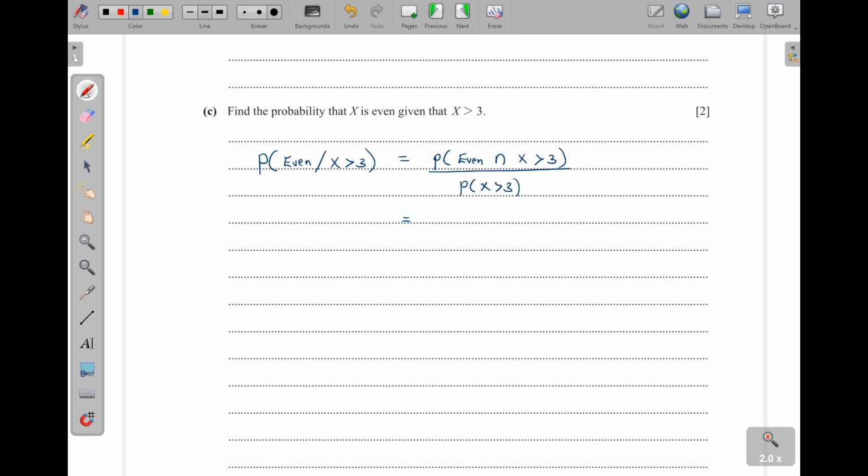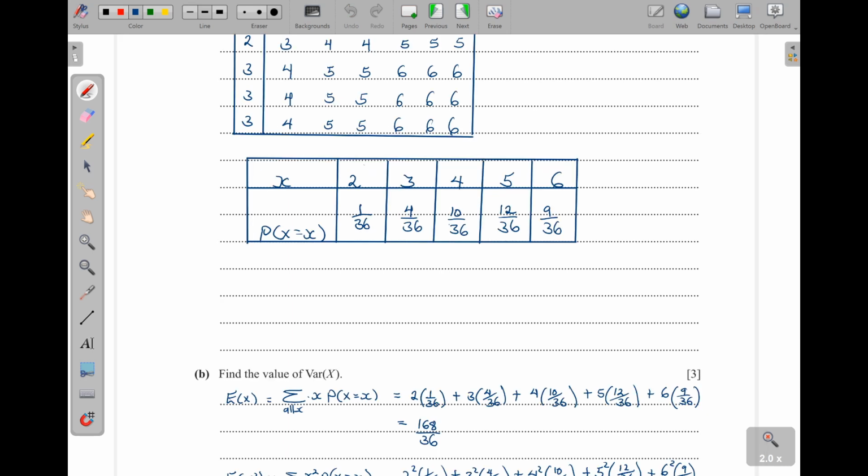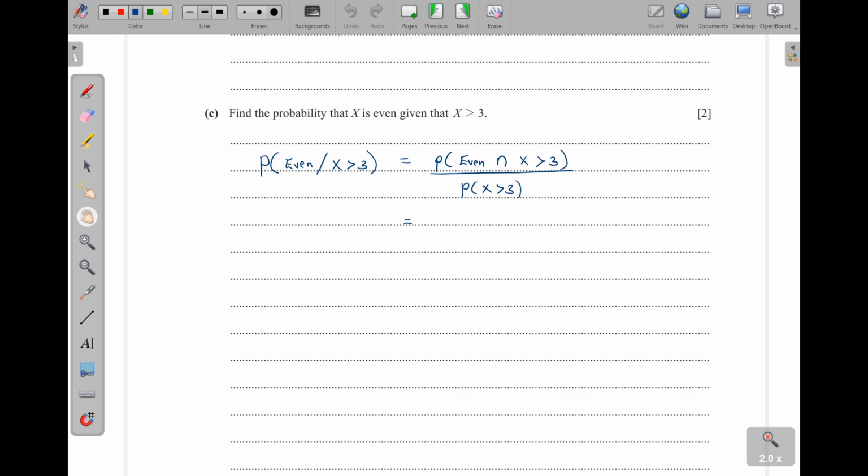Now, for X being even, if we go back to our table, the ones that are even are 2, 4, and 6. But then greater than 3 will be here 4 and 6.